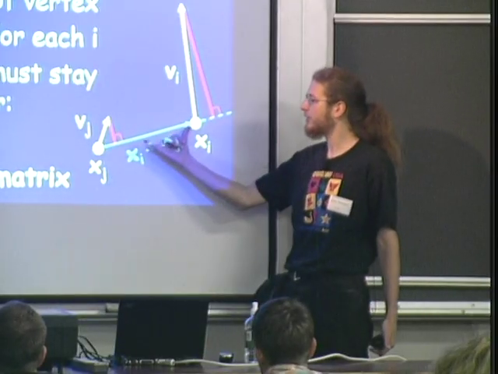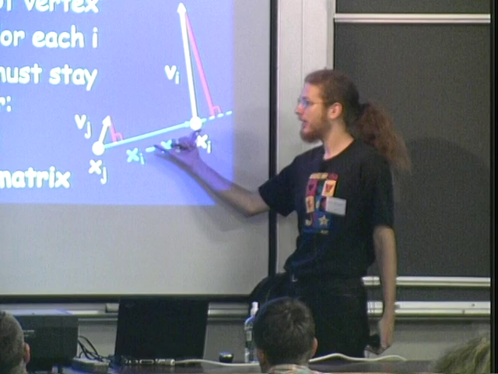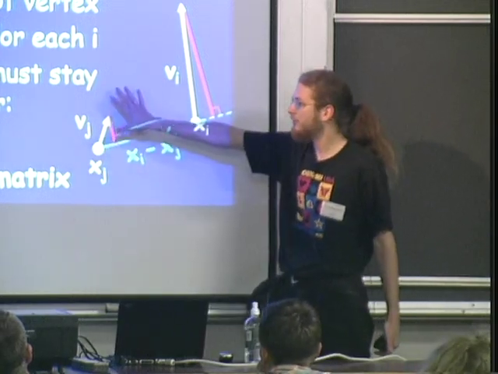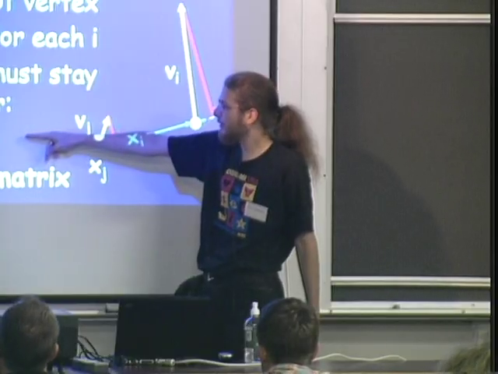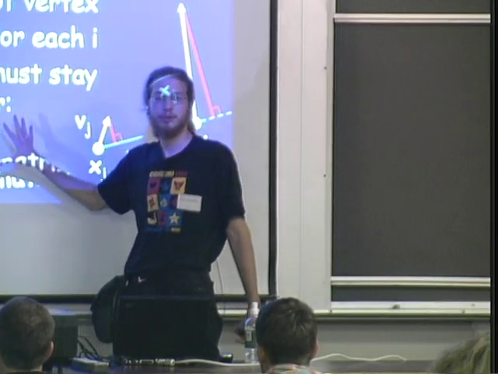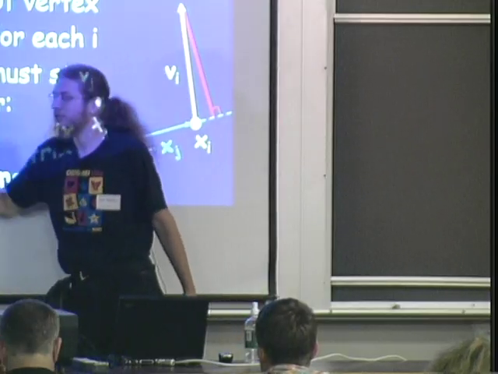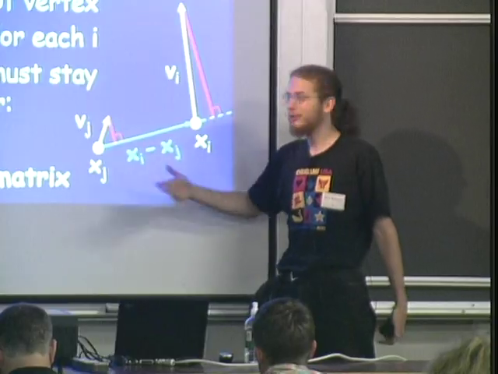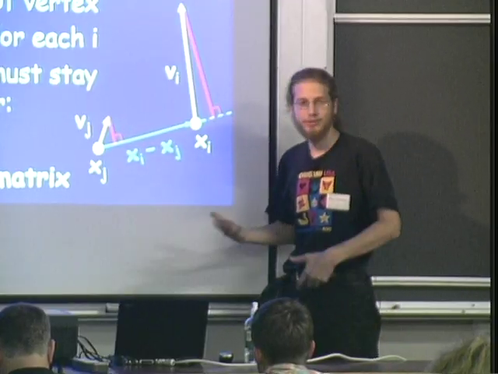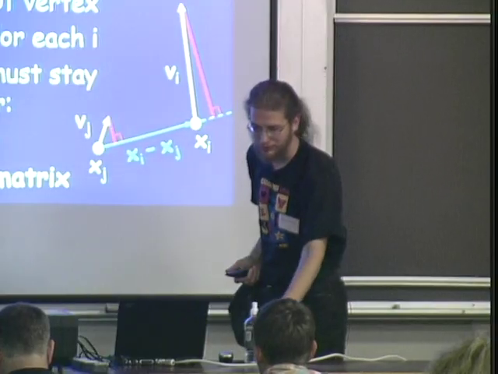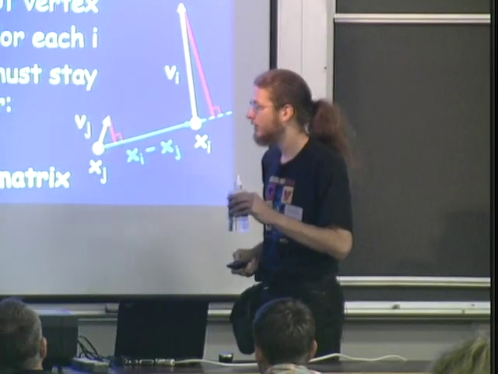And that'll tell you how much that edge is changing, and if you don't want it to change at all, you should set it to 0. So it turns out to be fairly simple. This is a linear constraint where the xi's and xj's are known values. That's where you currently are. And the vi's and vj's are the variables. And so you get a linear system. This linear system is called the rigidity matrix, has lots of neat properties. But that's all I want to say about it.